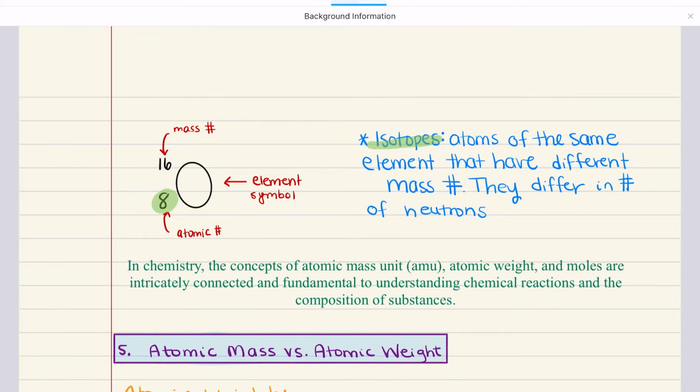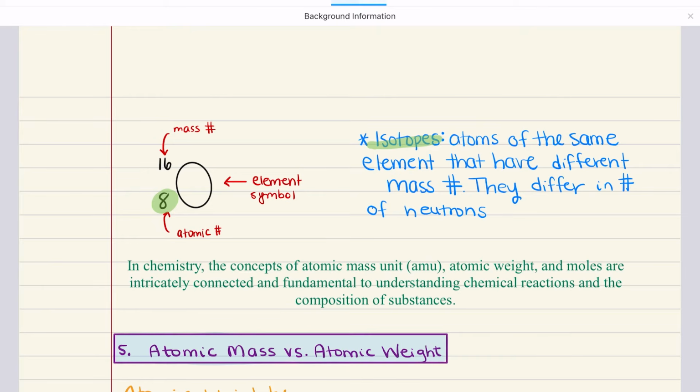Understanding atomic structure and isotopes is really crucial for grasping the bigger picture of chemical behavior. The variations in atomic number and mass numbers among isotopes really influence the physical and chemical properties of the element, which in turn affects reactions, bonding, etc.